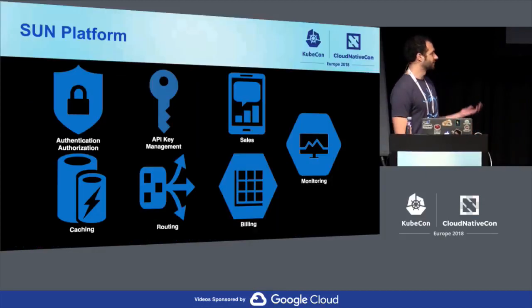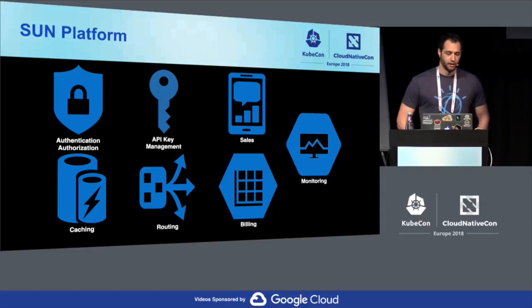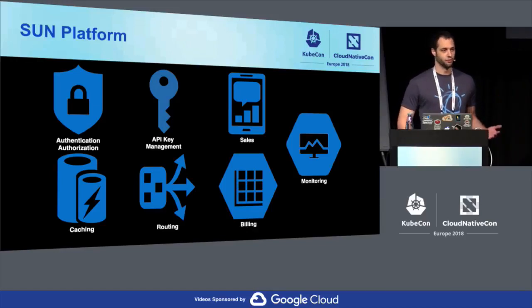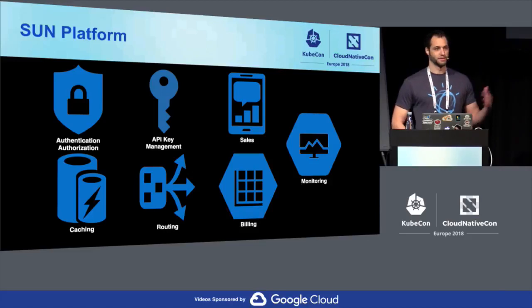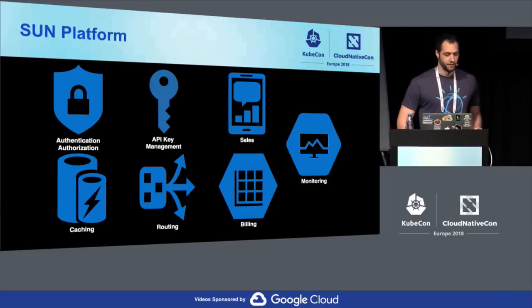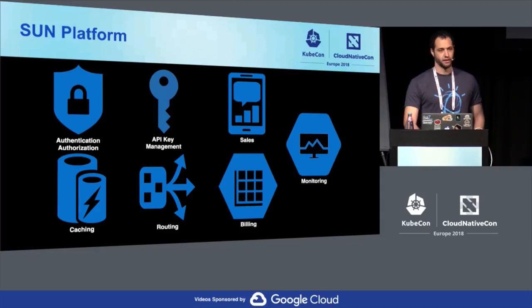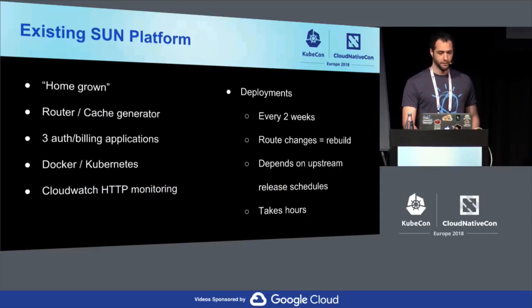So we perform about 7 main functions: authentication, authorization, some API key management. We have a sales pipeline. So as a development team, you enroll in our platform, you have a sales pipeline that they can take your weather data and go sell it and distribute it. We do edge caching, routing, and billing. And so these are the main functions that my team serves.